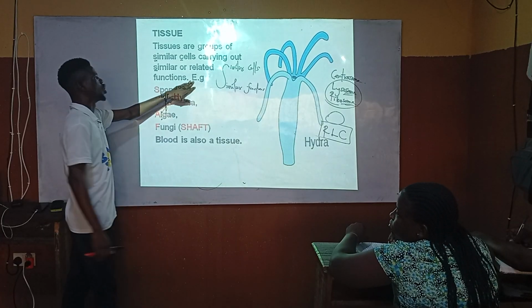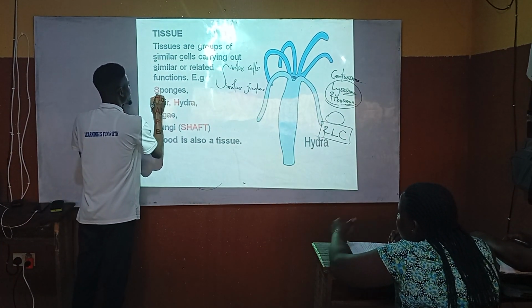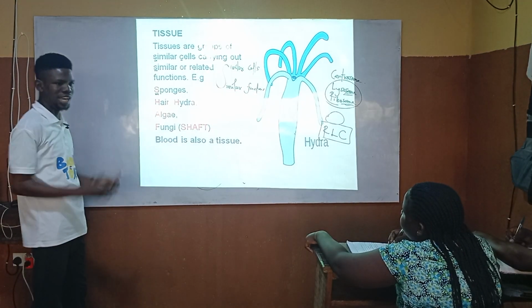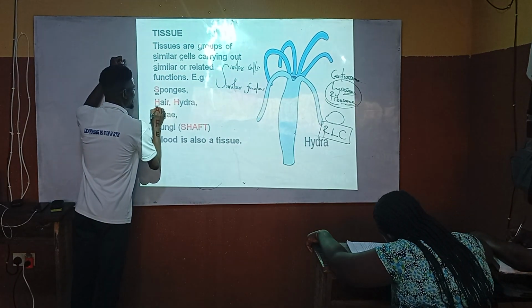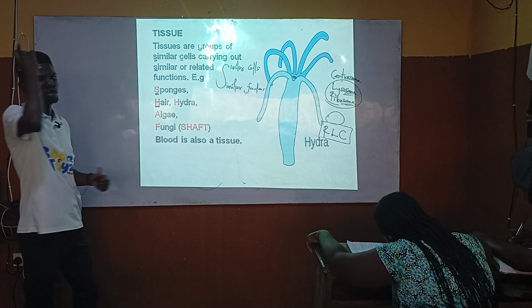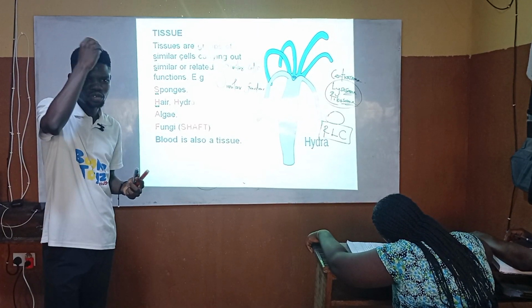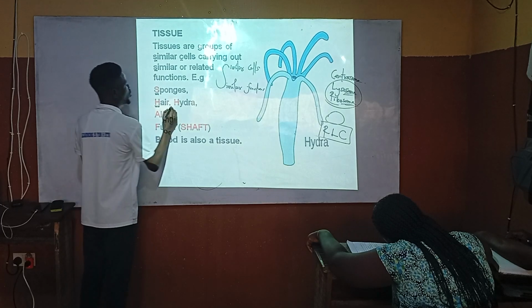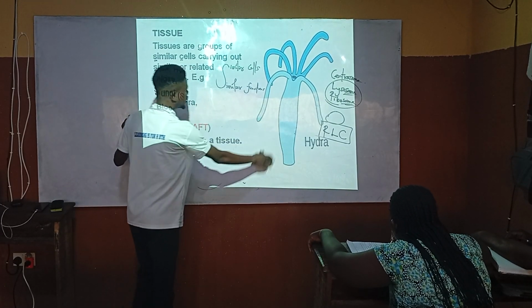Now look at the examples of tissues that we have outlined. We mentioned the sponges. So the sponges, when existing together collectively, can be called tissue. We also have hair. That means the strand of hair on your head is tissue. Why? It is made up of different cells. Then the next one, we have hydra. This hydra here is my illustration.